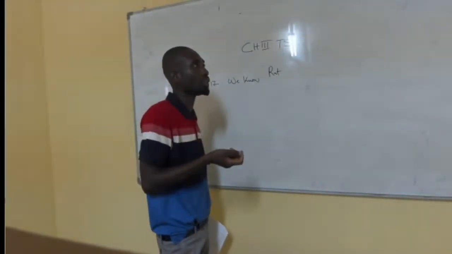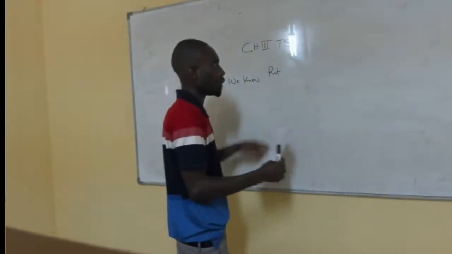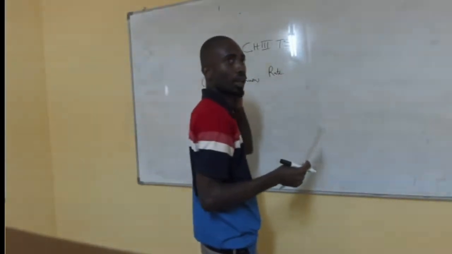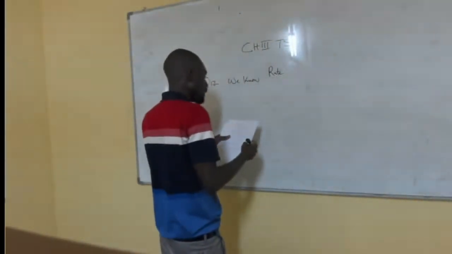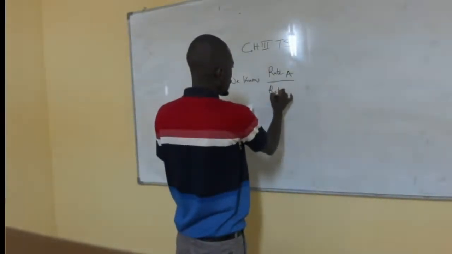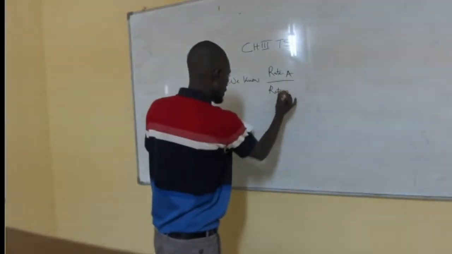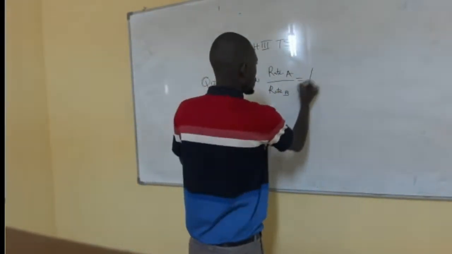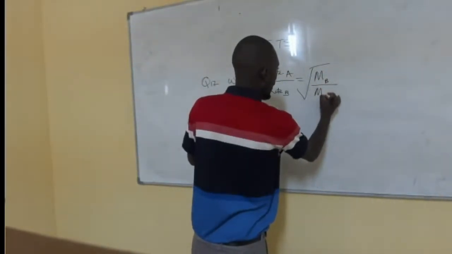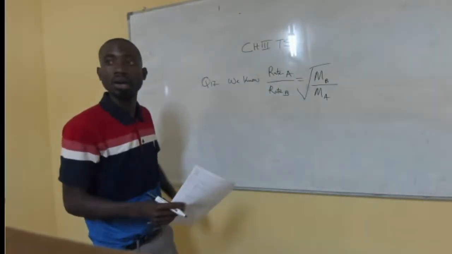Even the distribution, if it had to be exposed in a room, it will occupy the room as fast as possible, as compared to one which has got a larger molecular mass. So you need to take note. There is this formula, rate A over rate B, if you are dealing with two gases, equals the square root of MB over MA.